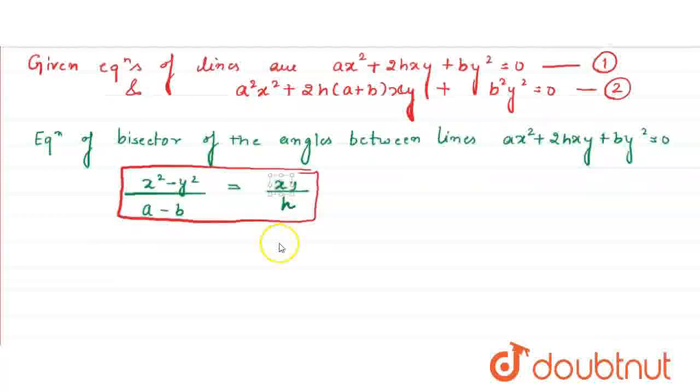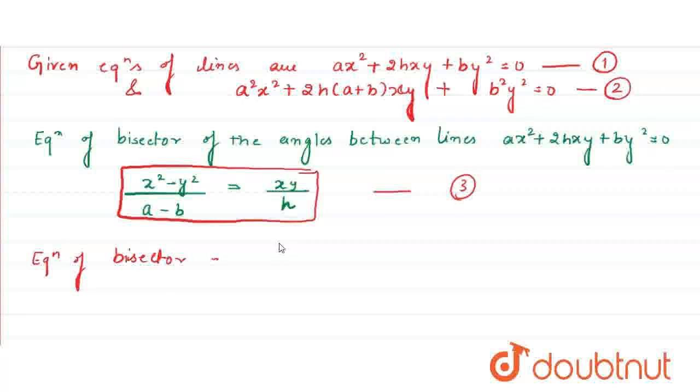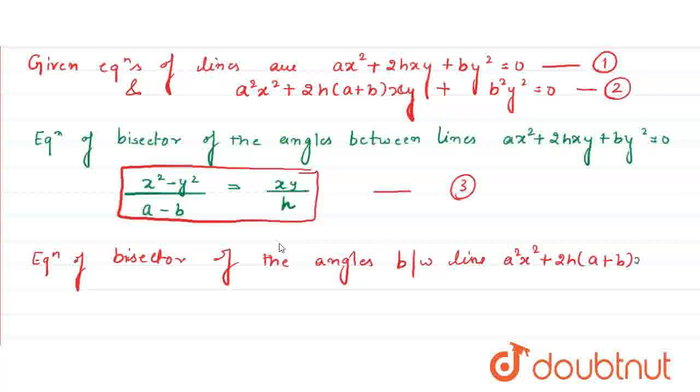Similarly you can write the equation, I'll name it as 3, equation of the bisector of the angles between lines a²x² + 2h(a+b)xy + b²y² = 0. If you consider this equation with the general equation, you can write the formula.